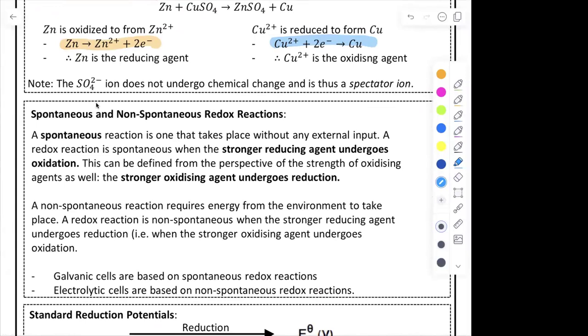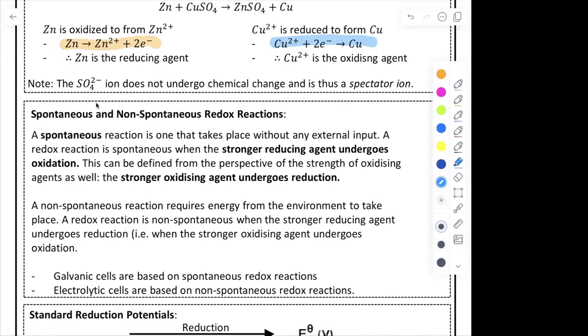A redox reaction is spontaneous when the stronger reducing agent undergoes oxidation. This can be defined from the perspective of the strength of oxidizing agents as well. The stronger oxidizing agent undergoes reduction. That'll make a little bit more sense when I introduce the table of standard reduction potentials.